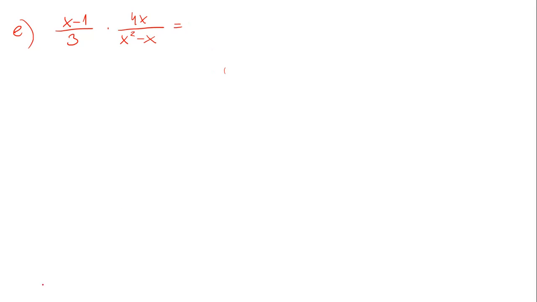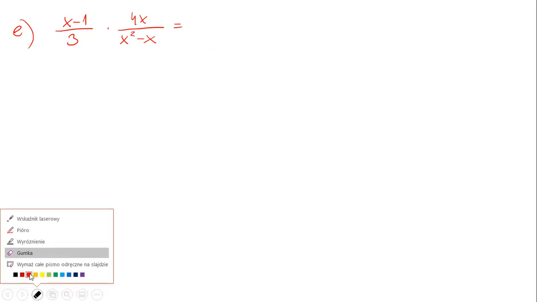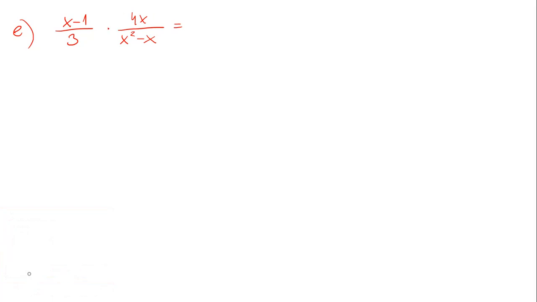Okay, so let's multiply those two fractions. So I can put brackets here, and we just multiply the top numbers and the bottom numbers. So what we get is x minus 1 times 4x over 3 times x squared minus x. Okay, and now let's see if we can cancel down something.